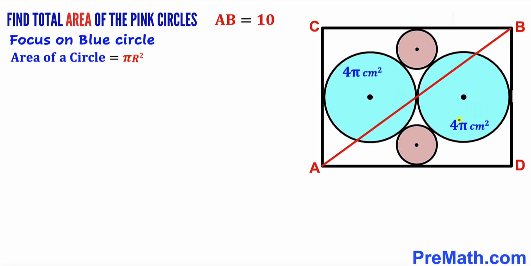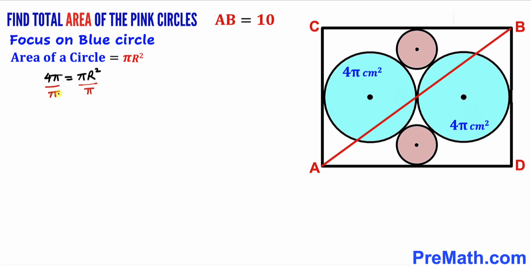Since the area of this blue circle is 4 pi centimeter square, I'm going to replace the area of the circle by 4 pi on the left hand side. So we can write 4 pi equals pi times uppercase R whole square.